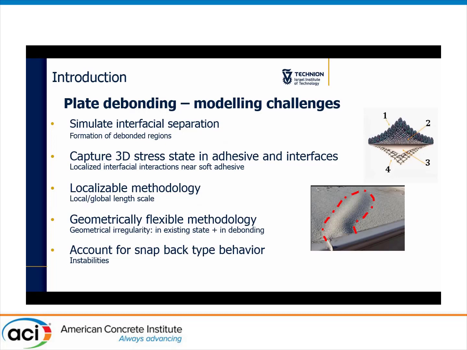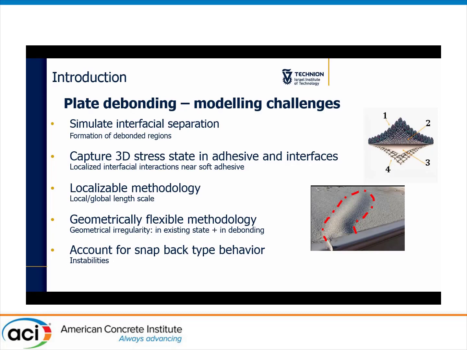The modeling challenges involved in this process are, first, to simulate the process of interfacial separation, and second, to capture the three-dimensional traction state at the interfaces and at the soft adhesive layer along the contour of the debonded region, the bonded region.